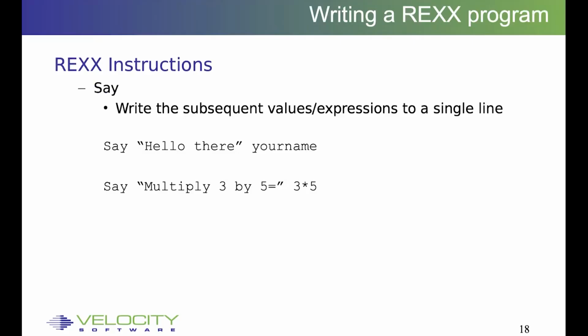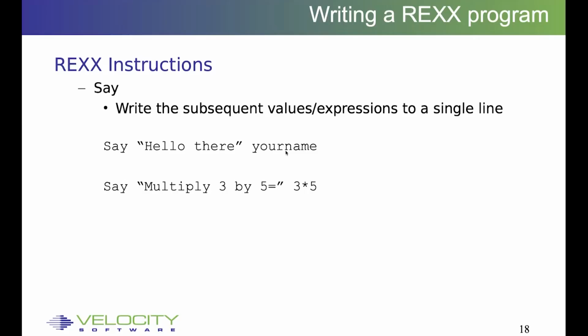The say instruction or clause will write the subsequent values or expressions out on the console, on the display device. So if we're going to do say "hello there", and hello there is a literal since it is enclosed in quotes, and your name will be displayed after it, assuming your name is initialized as a variable.